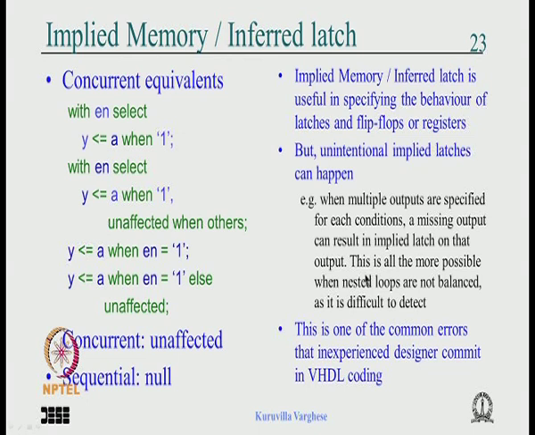Some output is not going to be specified properly for some condition and you will get a latch, and mind you, it is very difficult to debug. You look at the code 10 times, 100 times, and you will not discover that error, because everybody is confident nowadays.